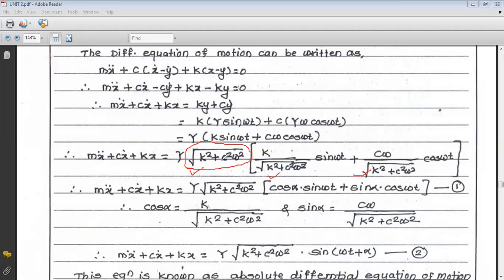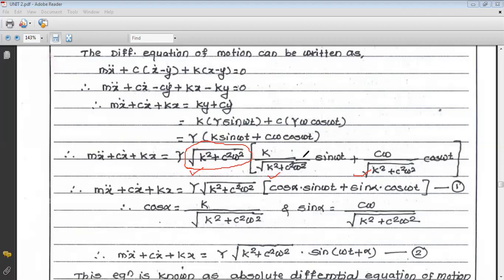Now this factor is multiplied, so we have to divide by this factor. So k upon square root of k square plus c square omega square sine of omega t, again c omega upon square root of k square plus c square omega square cos of omega t.